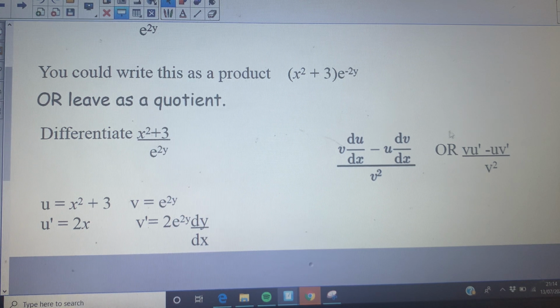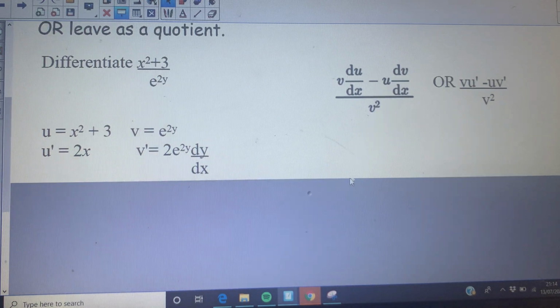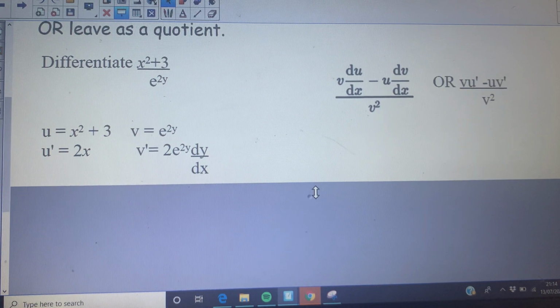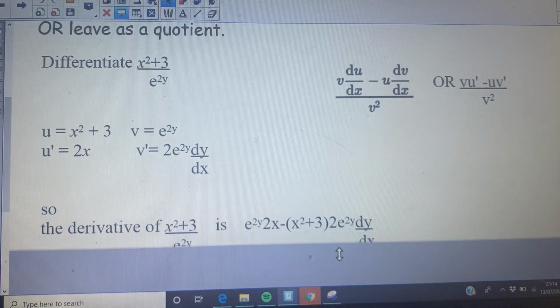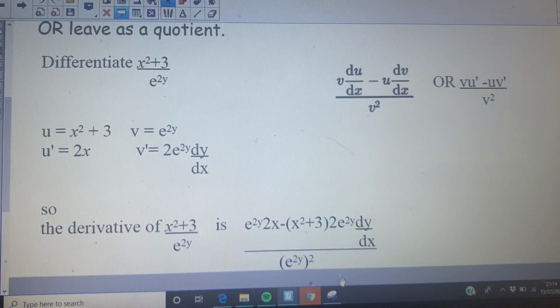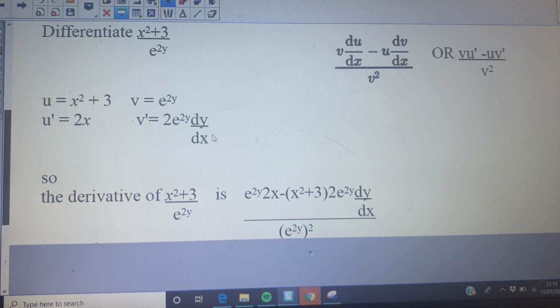And now you're going to substitute it into your quotient rule, remembering you do not say dy dx equals, it's going to be in the mix. So it's looking pretty cumbersome, really. So what you've got here, let's have a look.